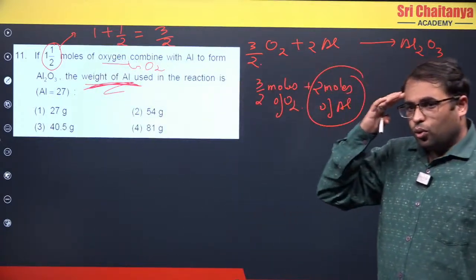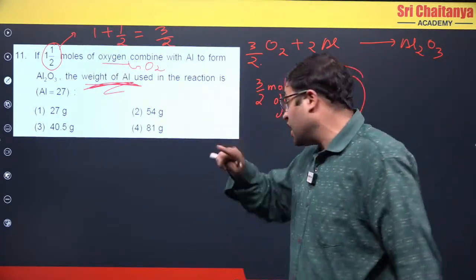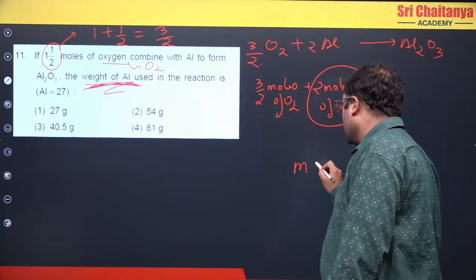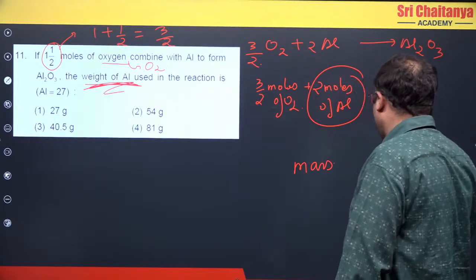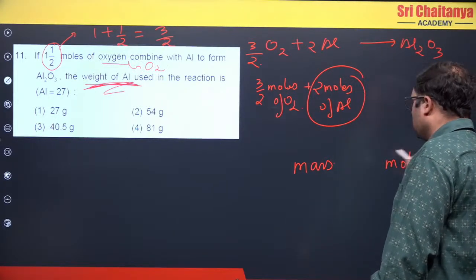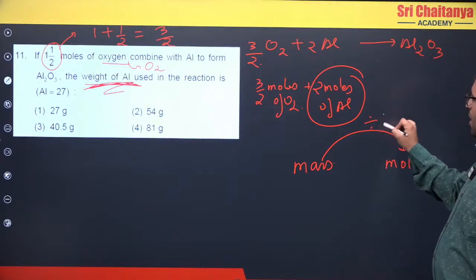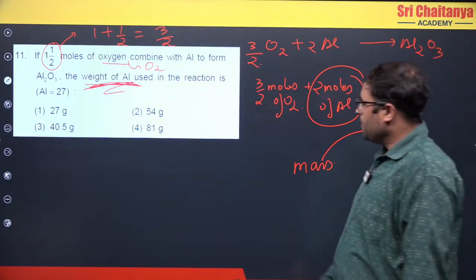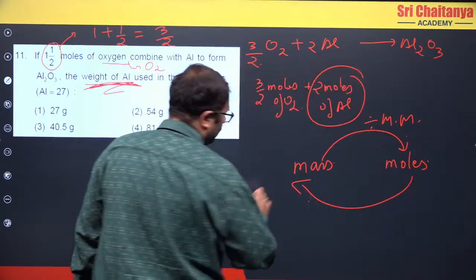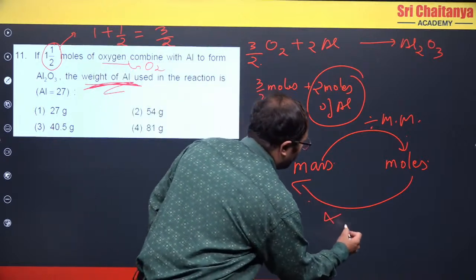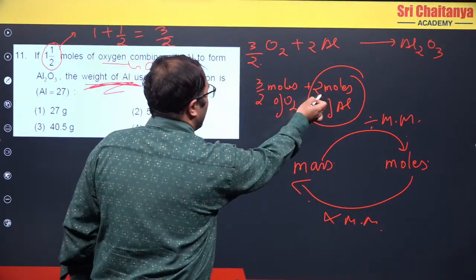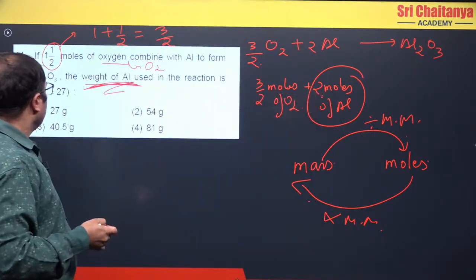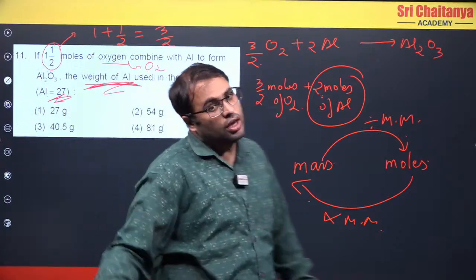Now to remind you again, at the start of this session I gave a very nice diagram, right? How will you convert mass to moles? You divide it by molar mass. And the reverse, how will you do it? You multiply by molar mass. So here I have the moles of aluminium and the molar mass of aluminium.